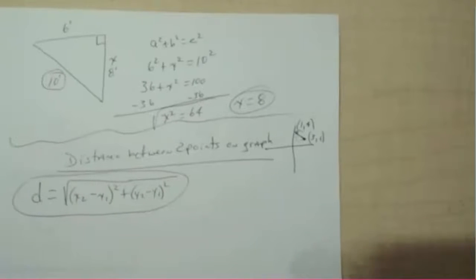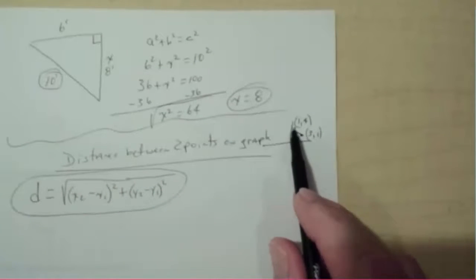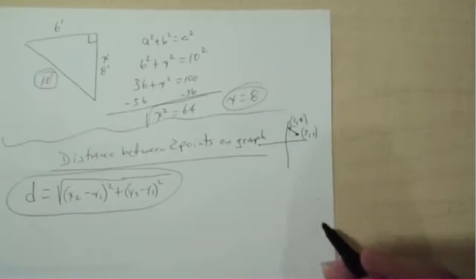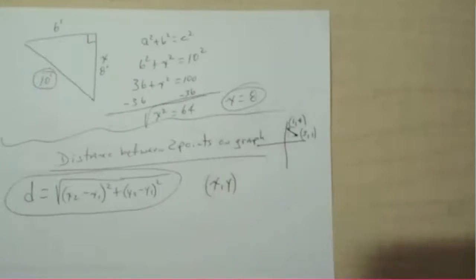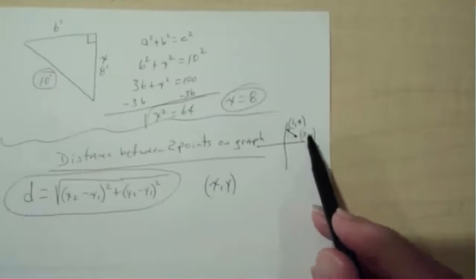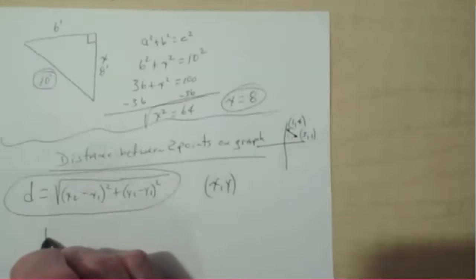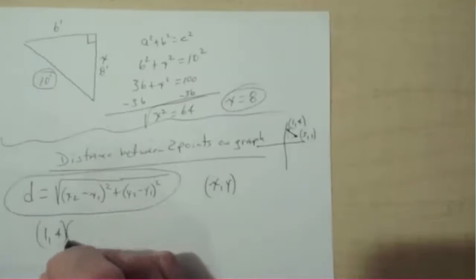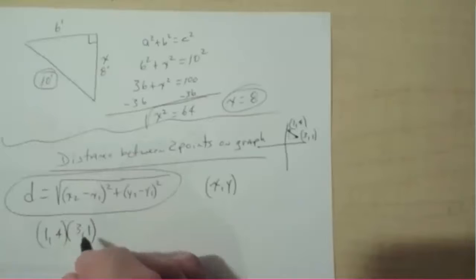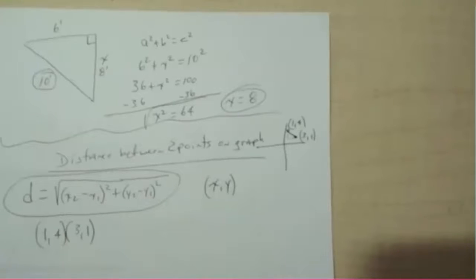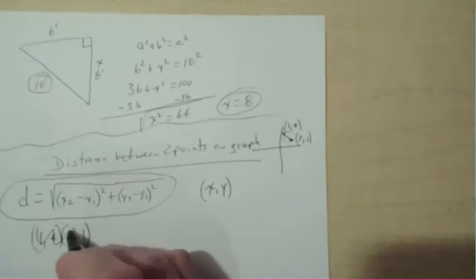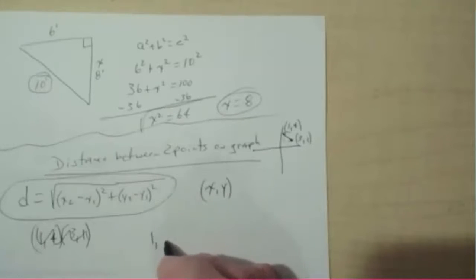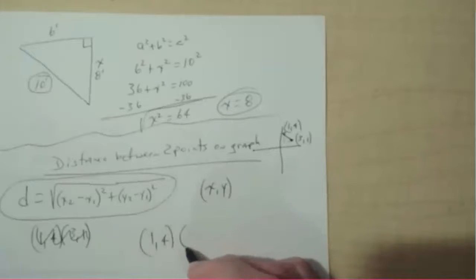Now, points on a graph are always in the form (x, y). Always. So let's find the distance between these two, (1, 4) and (3, 1). Does it make any difference which one's which? No. Let me rewrite this. (1, 4) and (3, 1).